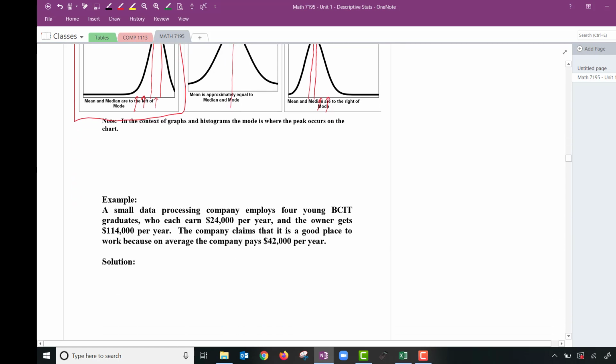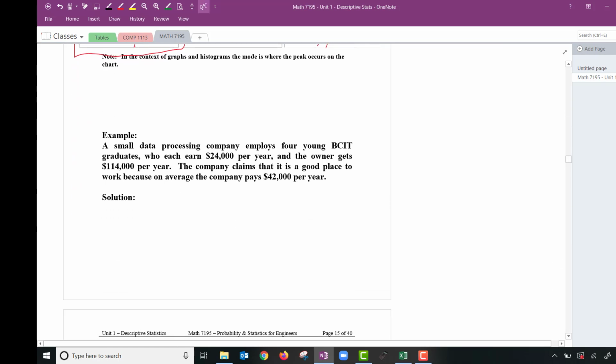There's a little exaggerated example here to discuss the advantages and disadvantages of which measure of central tendency you should use. We have this example where we have a little company and they have 4 graduates from BCIT and they each earn a measly $24,000 per year.